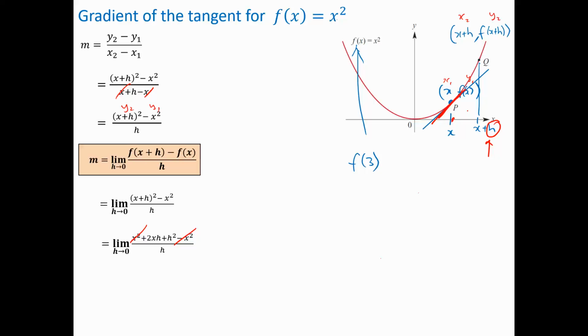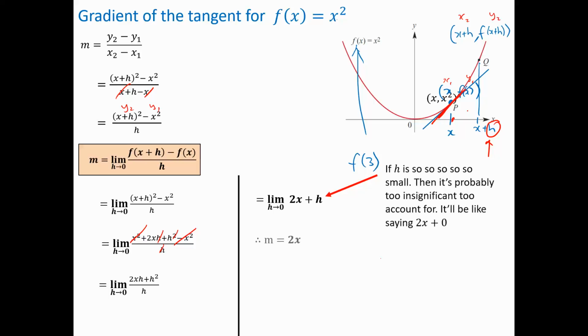Divide all the h's because they're all over h, so the h's cancel out. You get this next step, which looks like that. And if you're saying that h approaches 0, h is so small, you naturally get 2x.